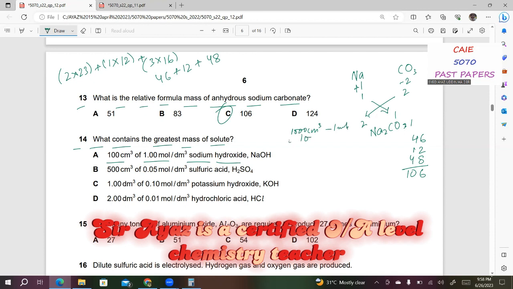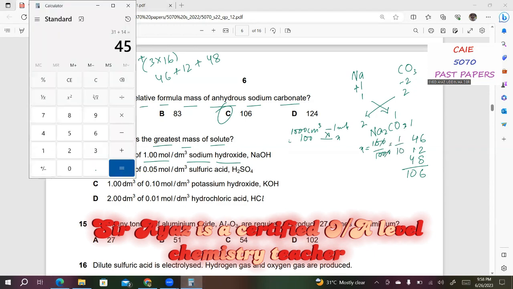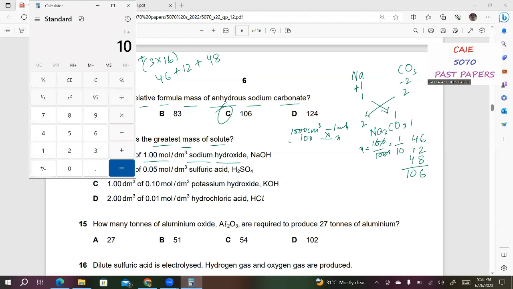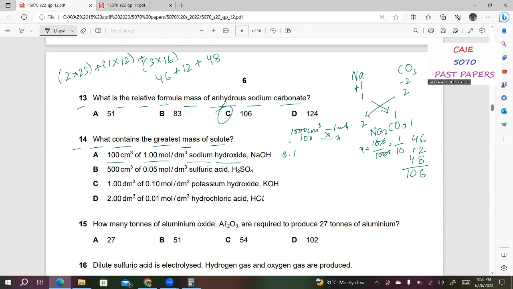Therefore, 100 contains x mole. So x is equal to 100 divided by 1000, which is 1 by 10, 0.1 mole.